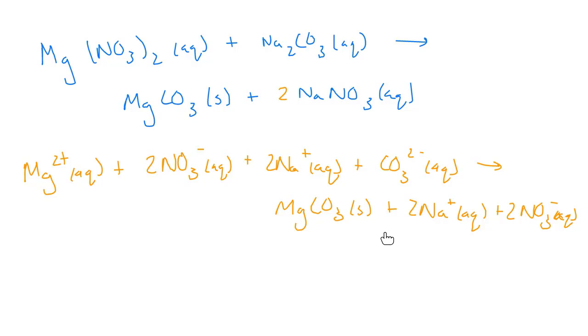Anyone have any questions over this complete ionic equation that we wrote? Okay. Cool. So let's go ahead and figure out what are spectator ions to make a net ionic equation. What are our spectator ions?